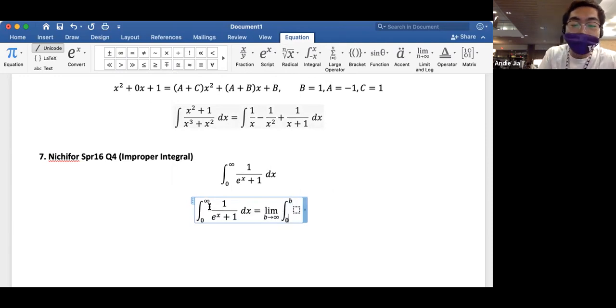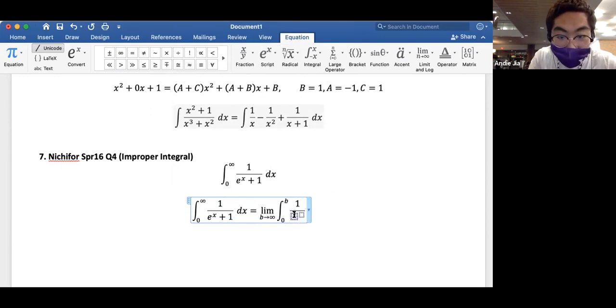So the upper bound approaches infinity here. They have this e to the x plus 1.